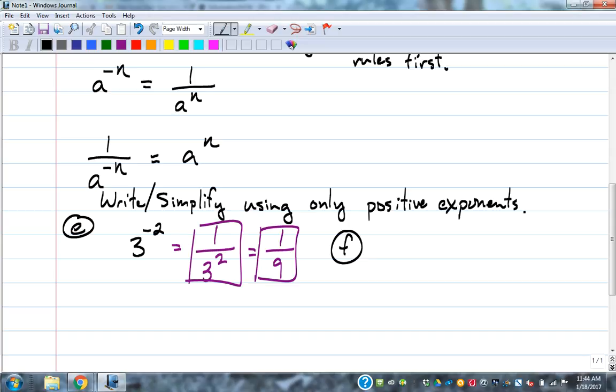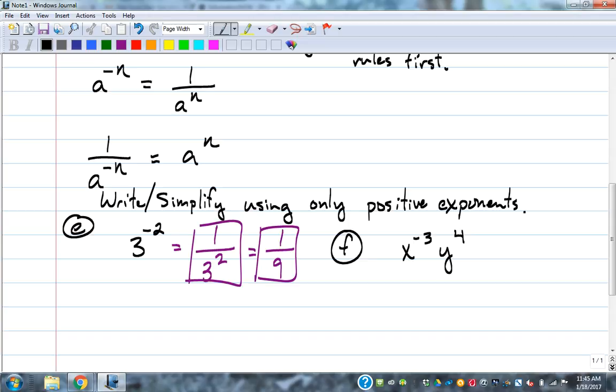Maybe it's a letter with a negative exponent, something like this: x to the negative 3, and then y to the positive 4. Here's one with letters. Okay. Can we combine those? Why not? Different bases. This is an x base, that's a y base, so they can't be put together, but we can rearrange it so that it has positive exponents only.